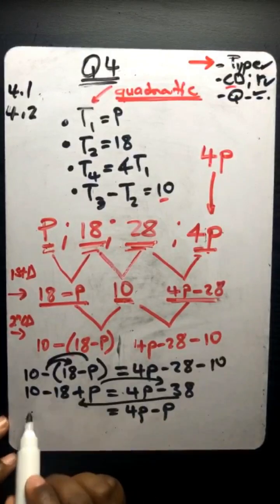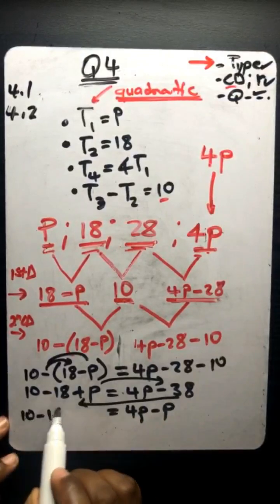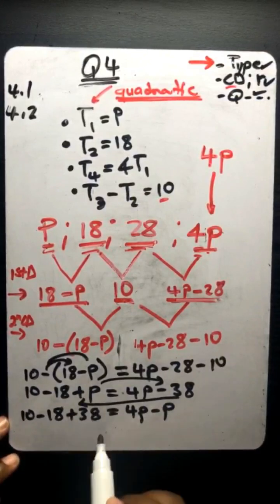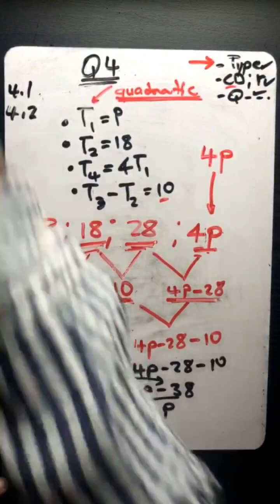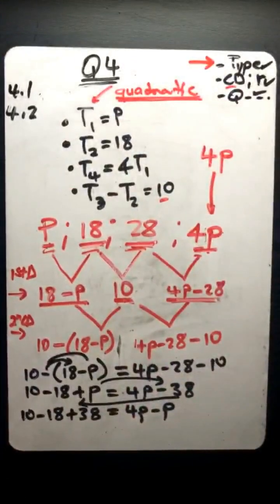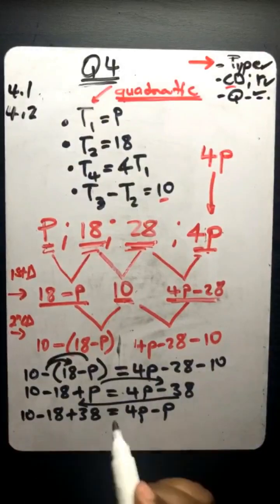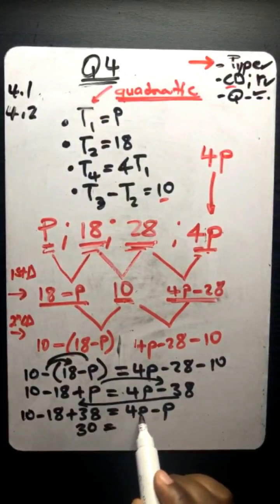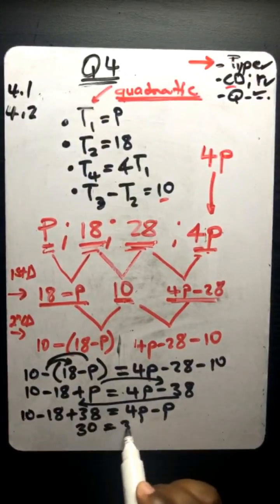Let's see, you are having 10 minus 18. When you take this to the other side, it becomes 38. So what is all of that on a calculator? Let's see, is 10 minus 18 plus 38. I'm getting 30, which is, 4p minus p is actually 3p.